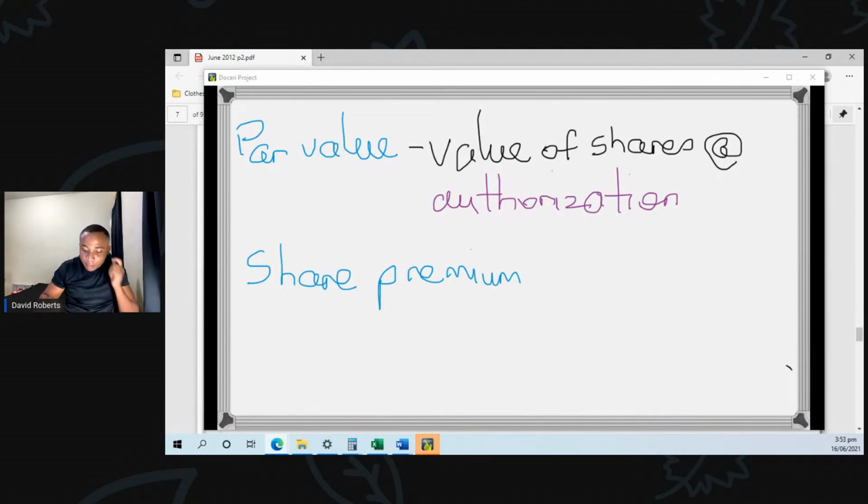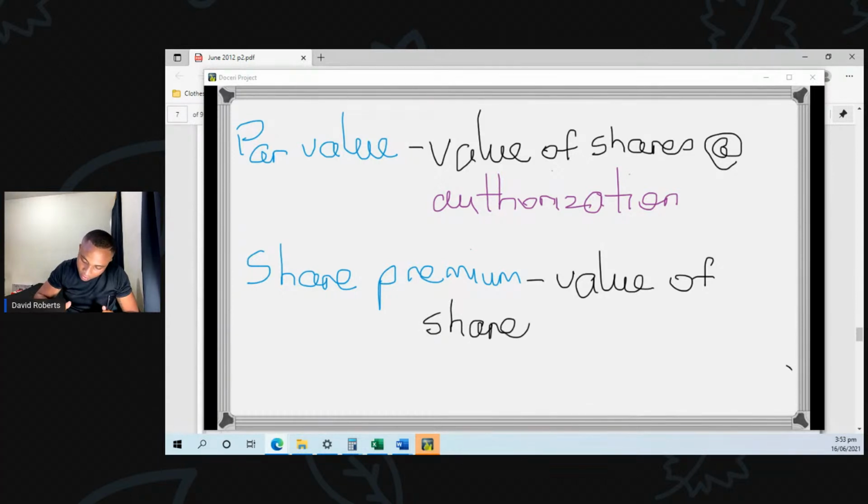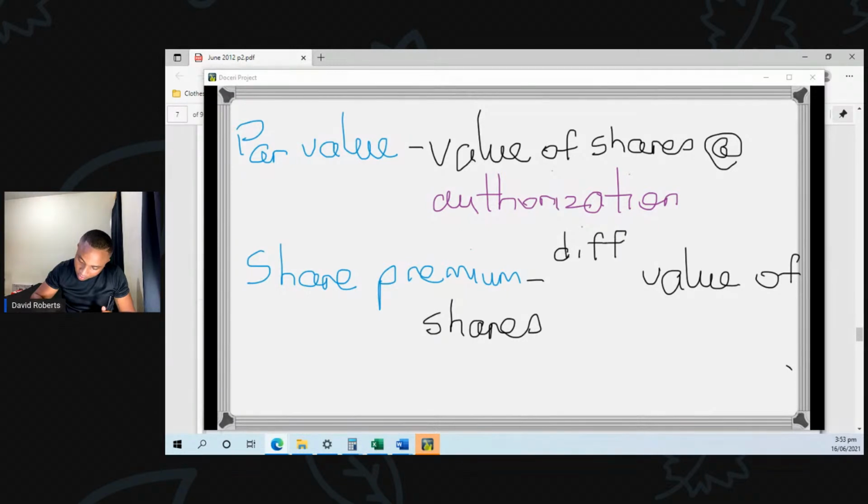And the share premium is the difference between the price when shares were issued and the authorized price.